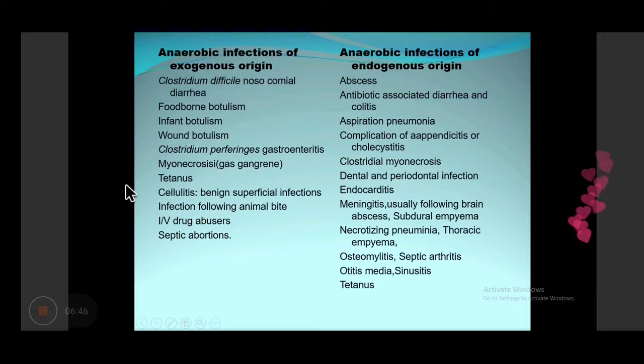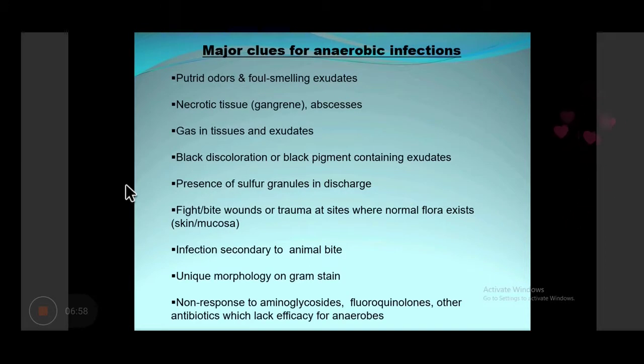If you found the infection is anaerobic, then in anaerobic infection, the site exudate is foul-smelling, with necrotic tissue found at the site of gangrene or exudate on examination.